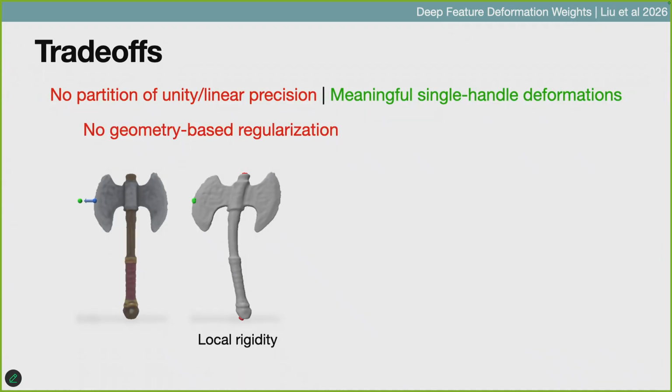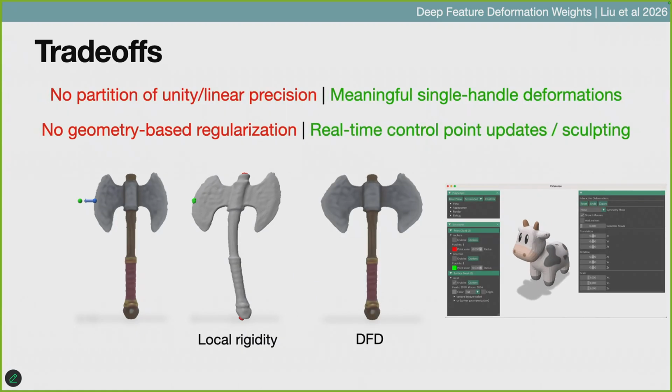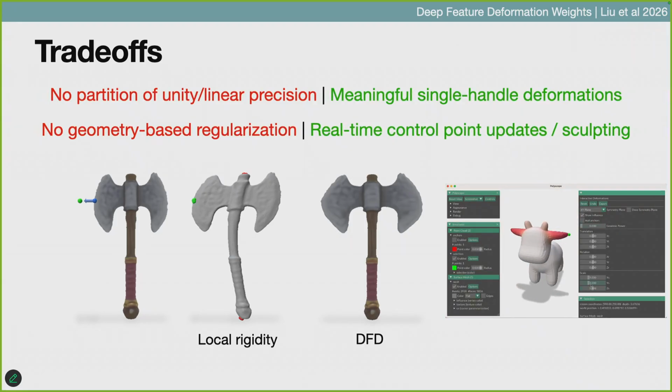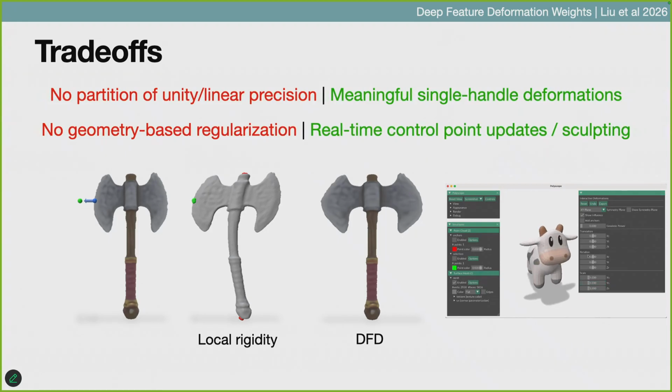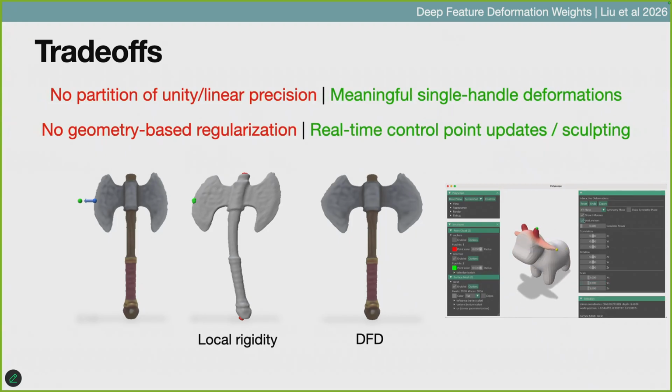Another sacrifice we make is in our regularization, which is namely that there is none. If we look at traditional methods like ARAP or biharmonic coordinates, which optimize for some local rigidity energy, this is going to ensure that the shape volume is preserved through deformation and surface distortion is minimized. In our case, we make that trade-off in order to first allow for real-time control point updates, which is referencing that click and control deform workflow.